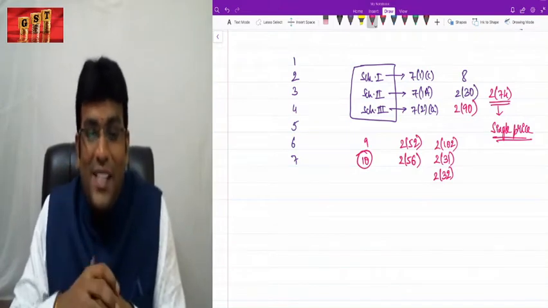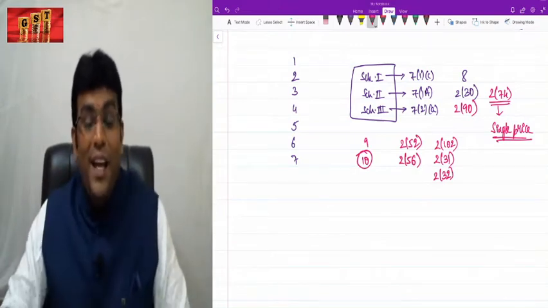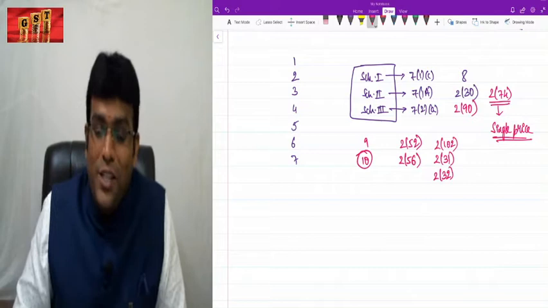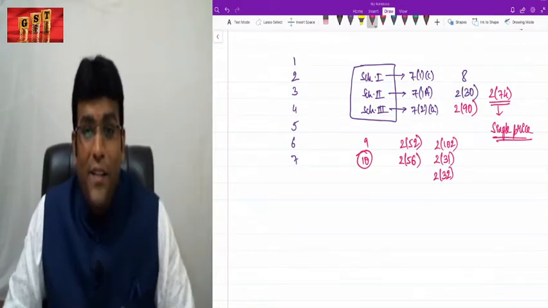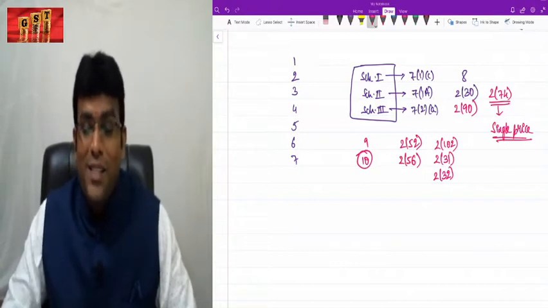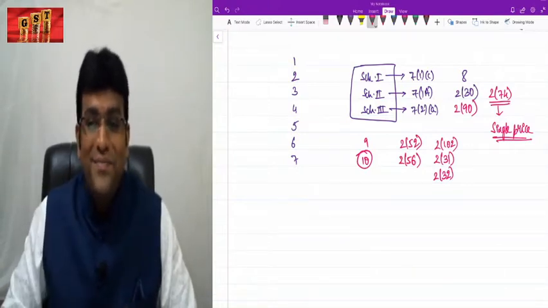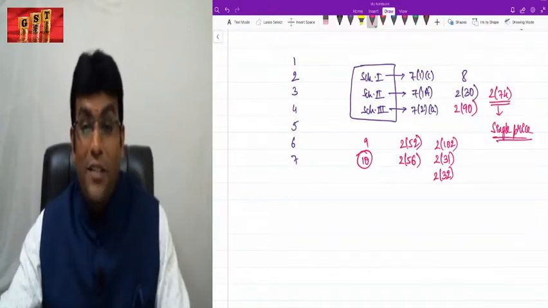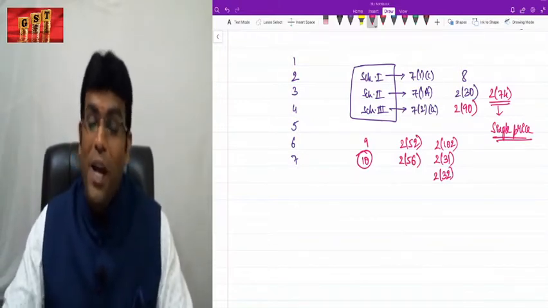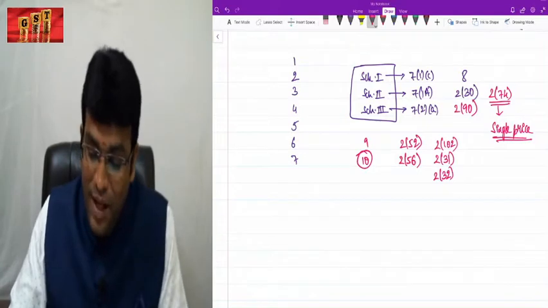I gave an example: a cement dealer supplying cement bags to a construction company. He'll keep on supplying cement bags weekly, every 15 days, or monthly, and he'll issue the invoice. That is the story of Section 2(32), which talks about continuous supply of goods.